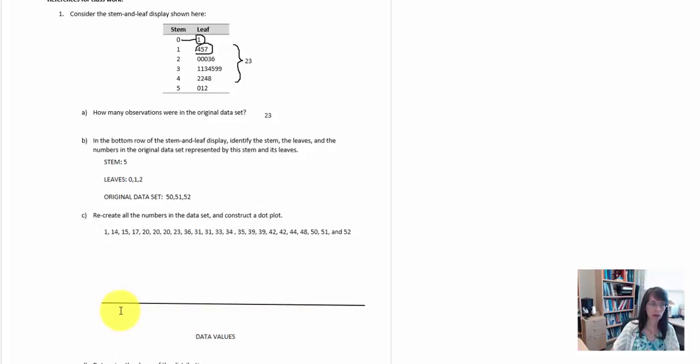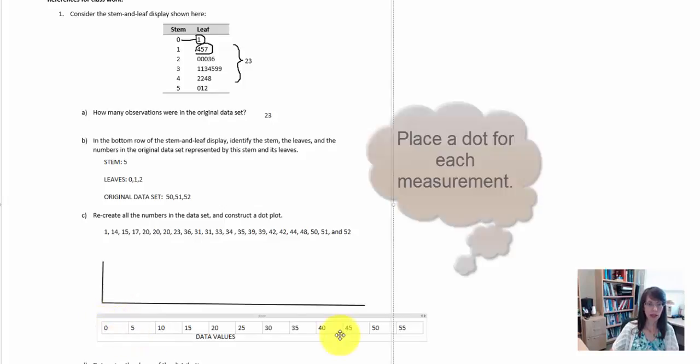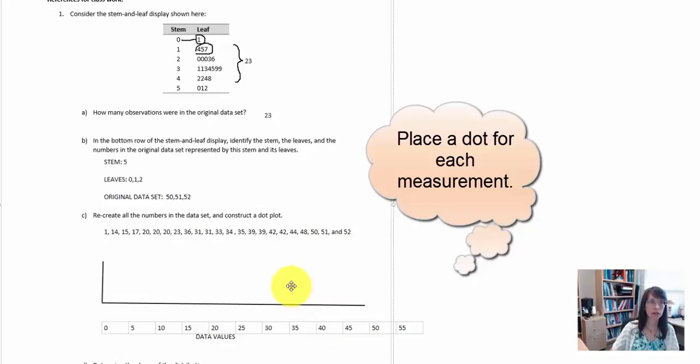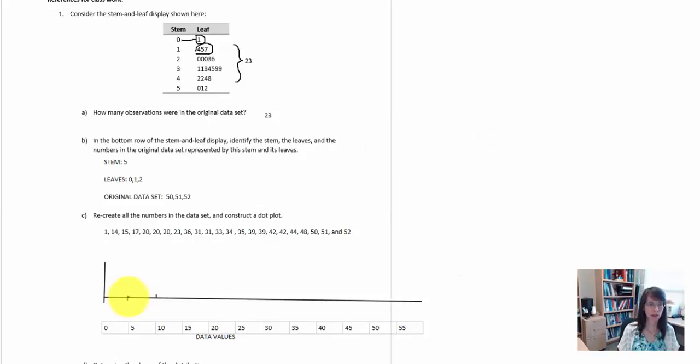So maybe counting by 5s or by 10s would be more useful. So I'll use counting by 5s for my scale. So now that I have my scale, I'm going to place dots for each value that's represented in the data set. I'm going to mark my scale at every 5th value to make it easier to plot the original data.